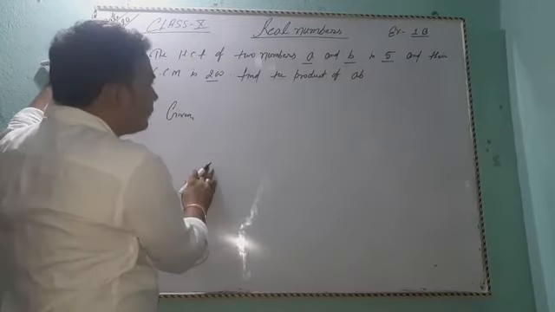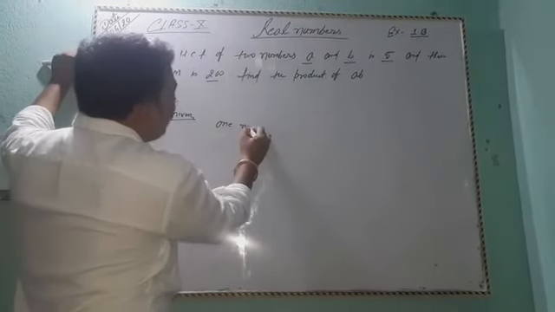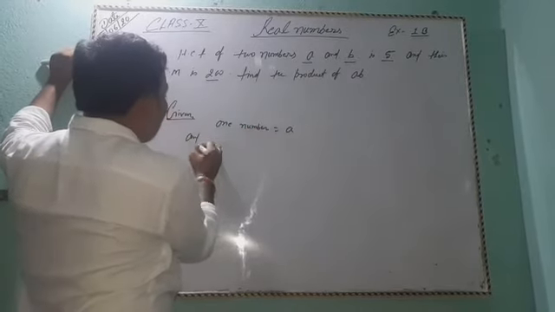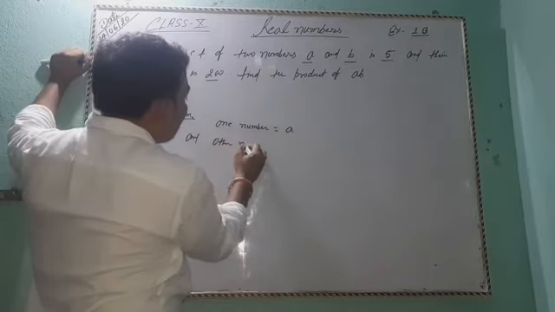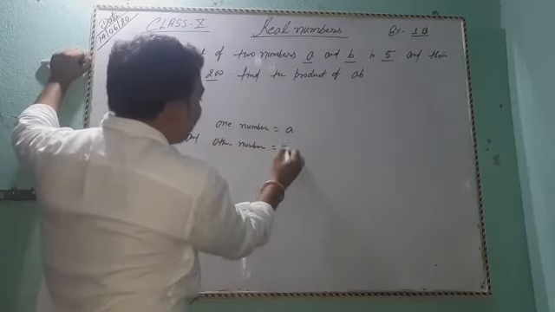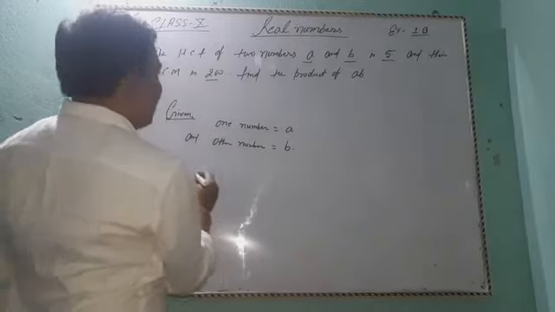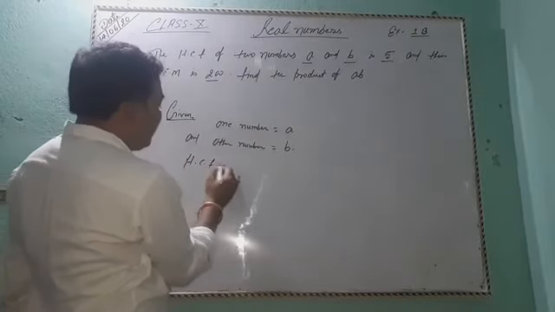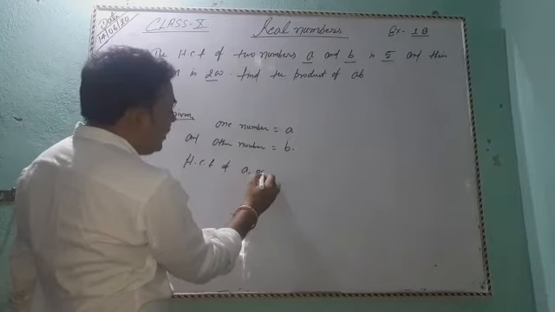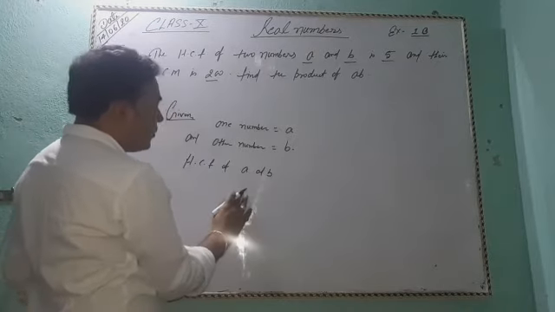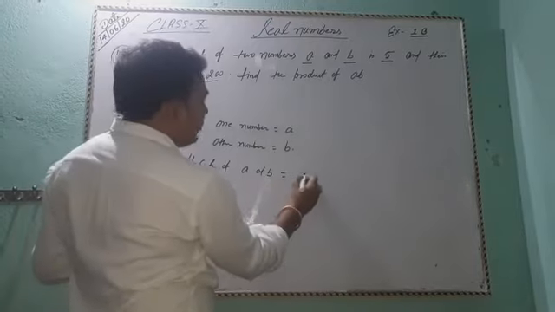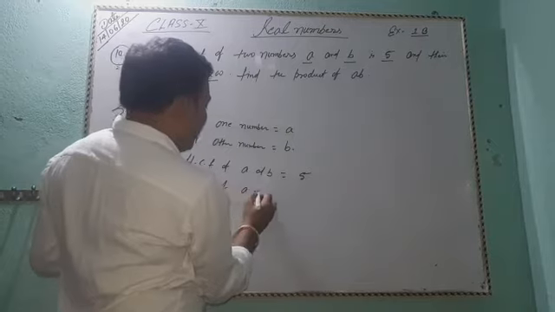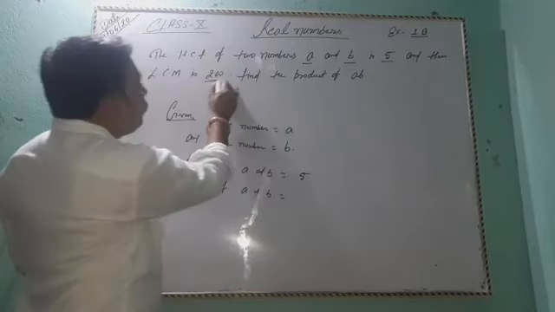Given: one number equals a and the other number equals b, and HCF of a and b equals 5 and LCM of a and b equals 200.